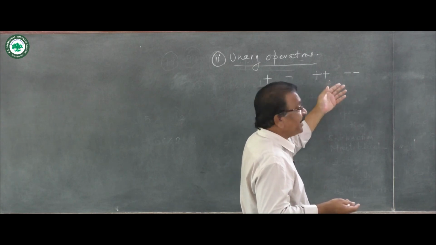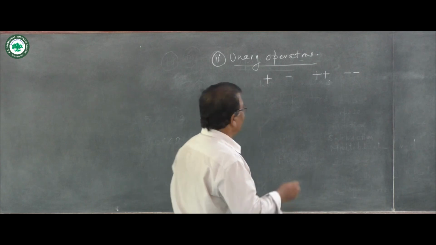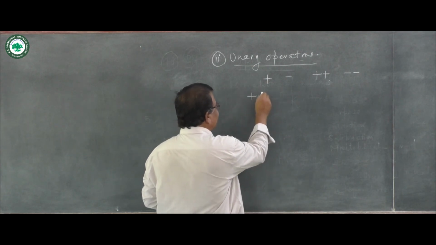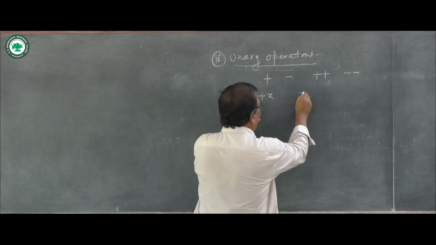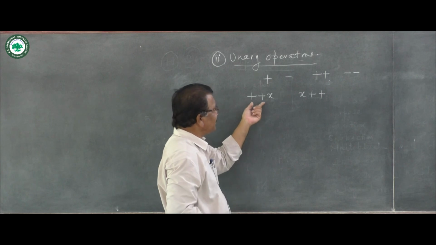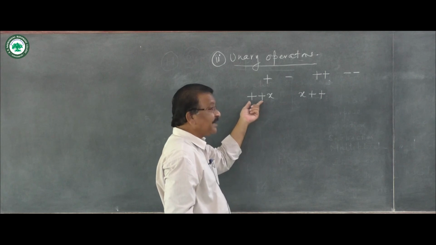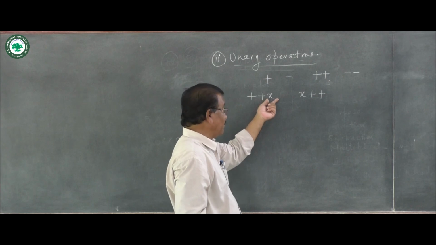There are 2 ways in which increment and decrement operators are used. For example, plus plus x is one way of using the increment operator, or x plus plus. Plus plus x means first the value of x is incremented by unity and then the value of x is used in the program.